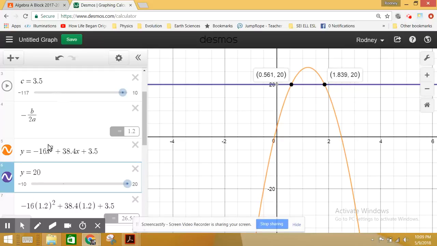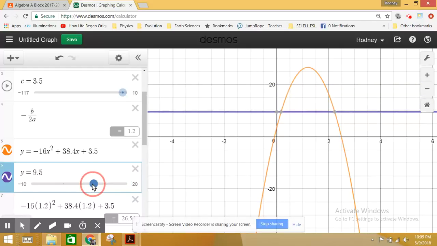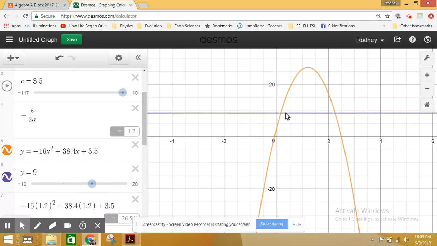If I lowered that to, say, 9 feet, we could find out that the ball made it 9 feet in 0.15-ish seconds, went up, and then came back to 9 feet in about 2.25 seconds. So hopefully this has given you a little clarity around this particular problem.